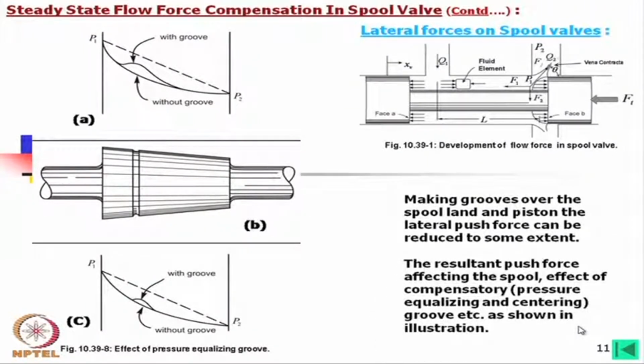The resultant push force affecting the spool, effect of compensatory, pressure equalizing and centering groove etc. are these grooves. These grooves are called pressure equalizing grooves, sometimes pressure compensation grooves etc.